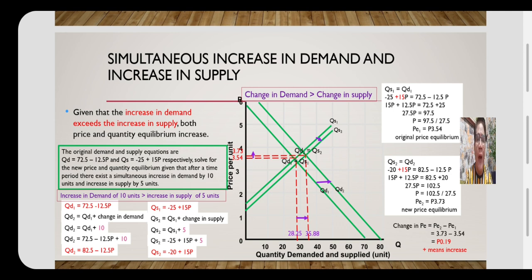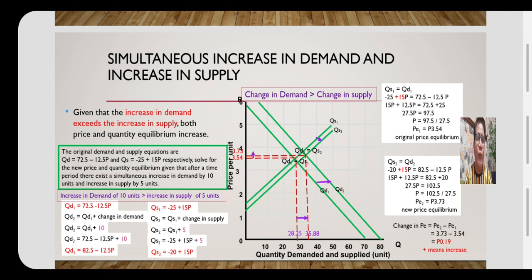The original demand and supply equations are QD equal to 72.5 minus 12.5P, and QS is equal to negative 25 plus 15P, respectively. Solve for the new price and quantity equilibrium, given that after a time period, there exists a simultaneous increase in demand by 10 units and increase in supply by 5 units.